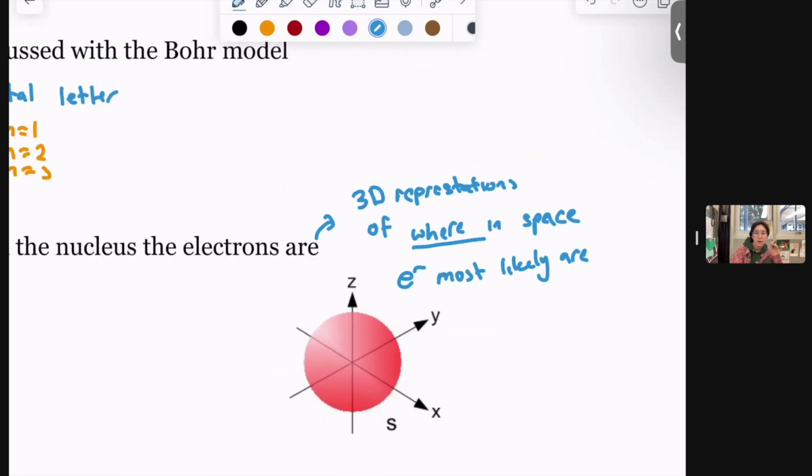So again, within our shell, within n equals 2, we're going to have these different areas where electrons are most likely to be, and that's what we call orbitals.